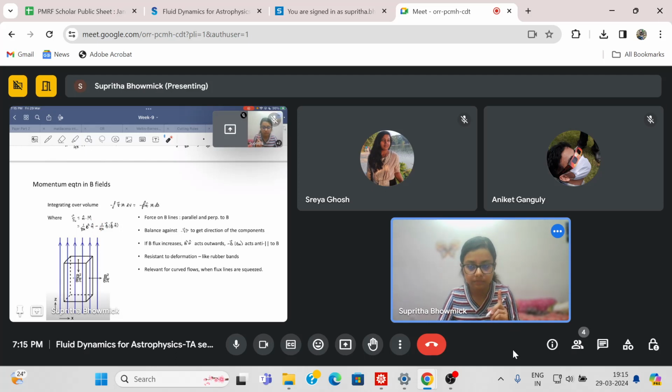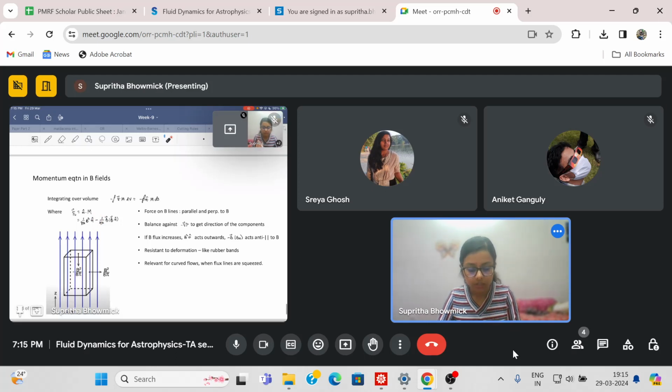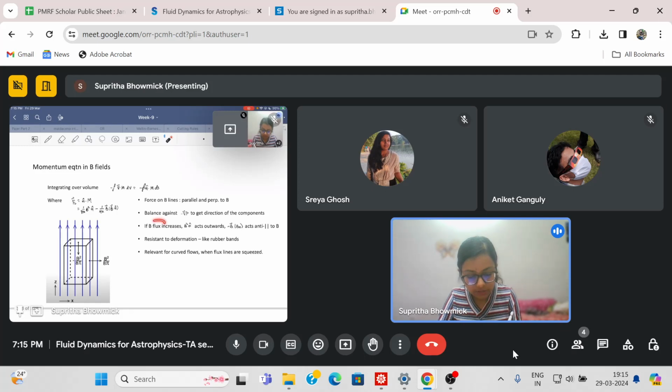What this tells you is if the magnetic flux increases in this fluid element, in this volume, if B increases, FL increases, and to stabilize that, what is the net force if B increases? It's along this direction, along n cap, outwards, and along minus B, where B is along the Z direction, so minus B would be along the minus Z direction.